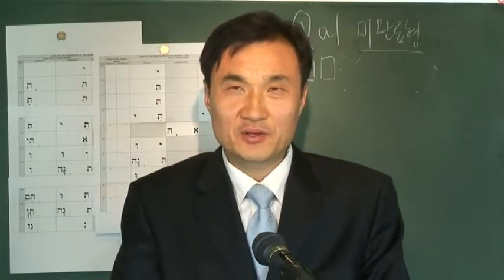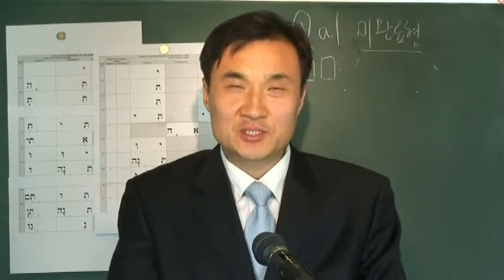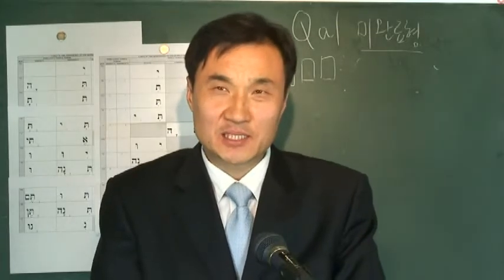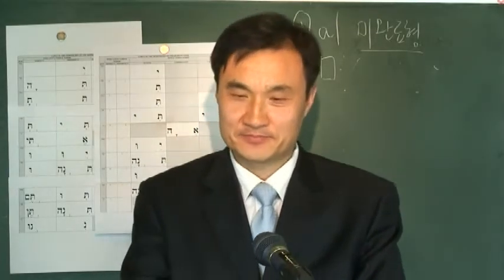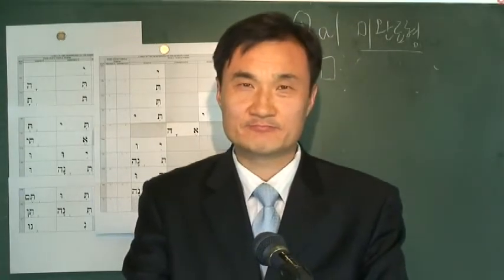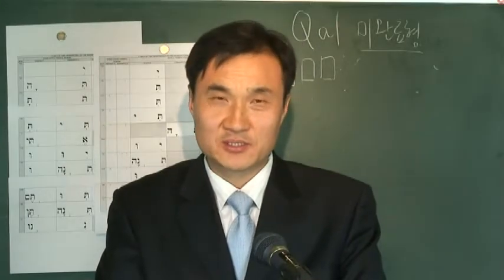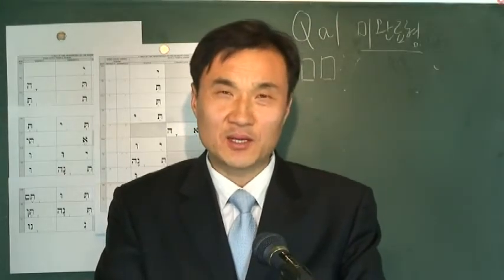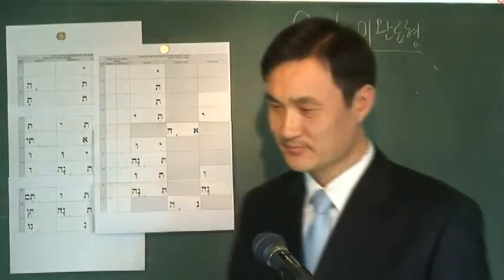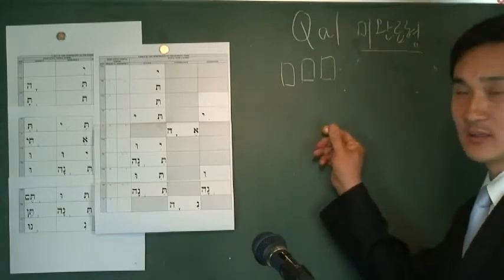Next, let's look at the imperatives. If imperatives are classified depending on whether or not it is a completed action or an incomplete action, it would be incomplete. Hebrew imperatives are closely related to the imperfect form.